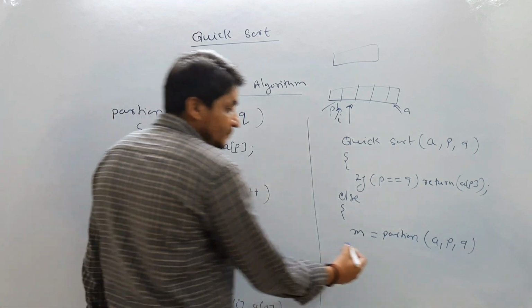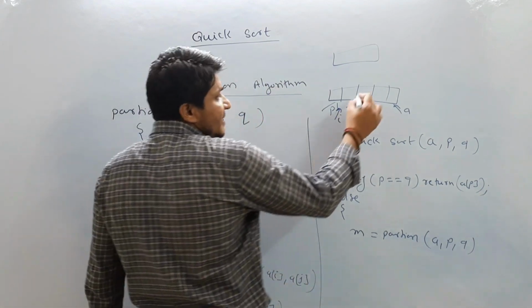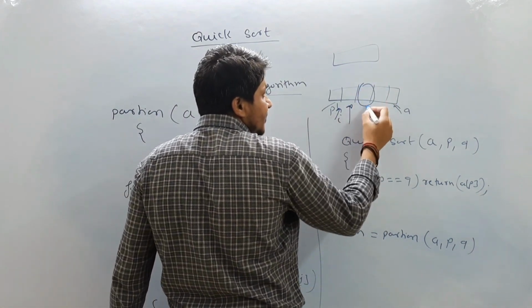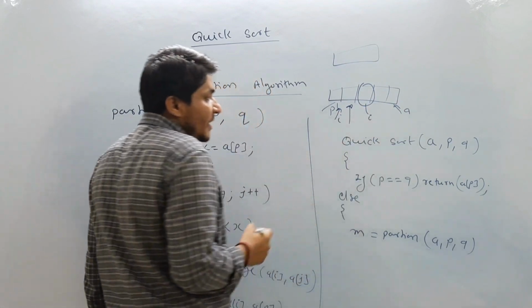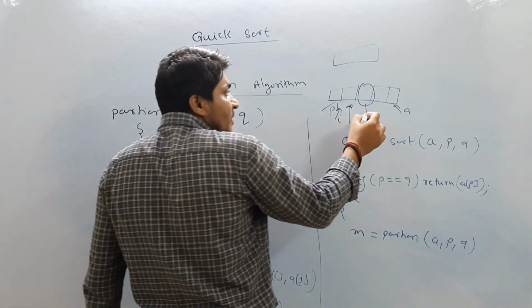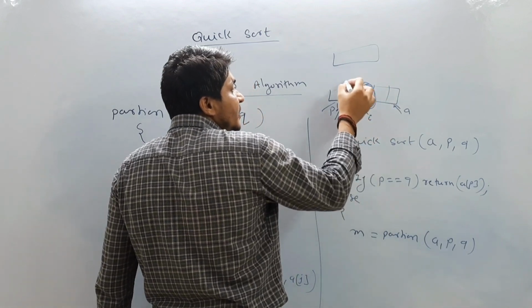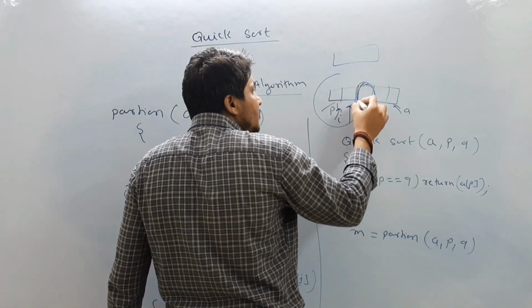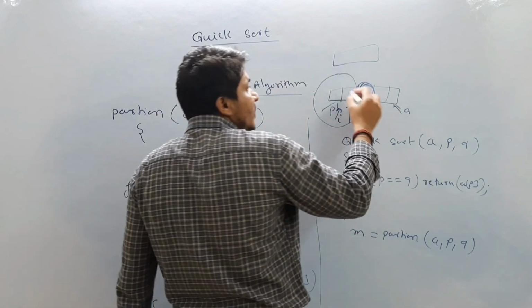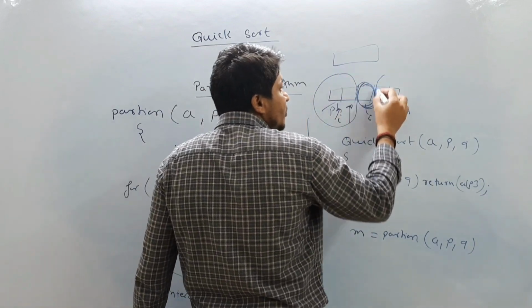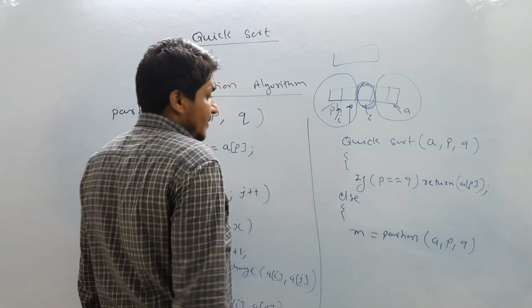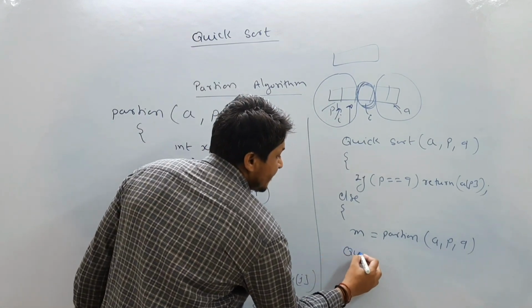Once the pivot element reaches its correct position, we need to apply quicksort again on the left hand side part, and once that is completed, apply quicksort on the right hand side part.